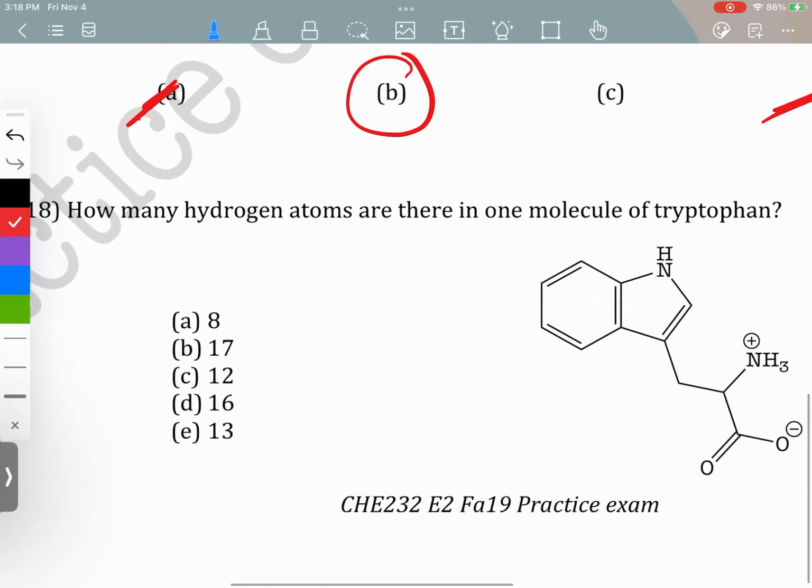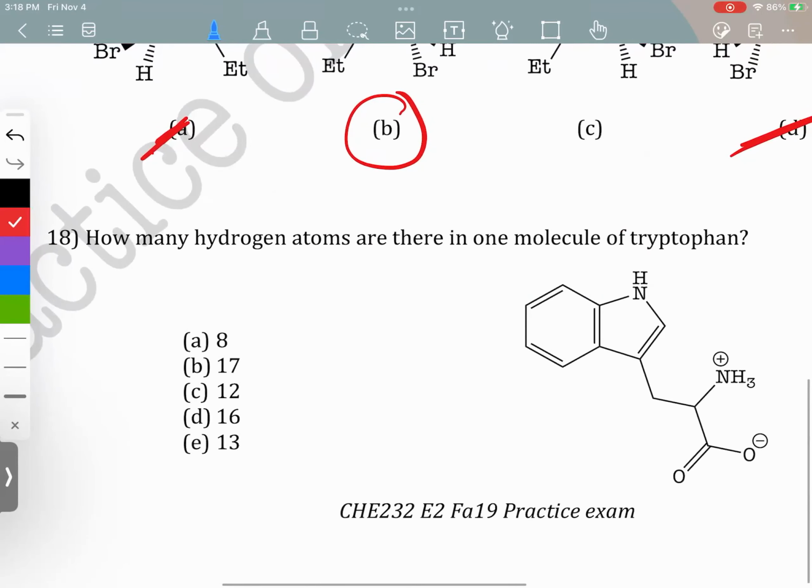How many hydrogen atoms are there in one molecule of tryptophan? So let's see. Does this carbon have any hydrogen? Yeah, one. So one hydrogen here. What about this one?